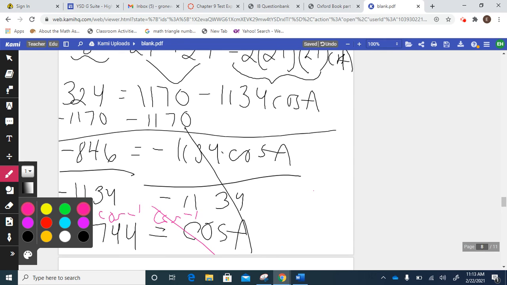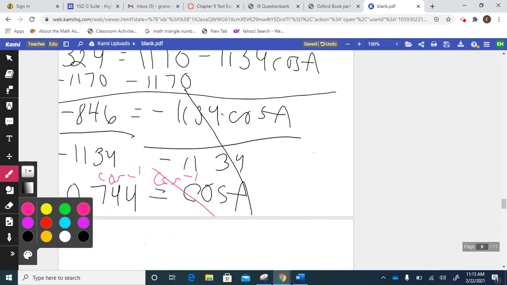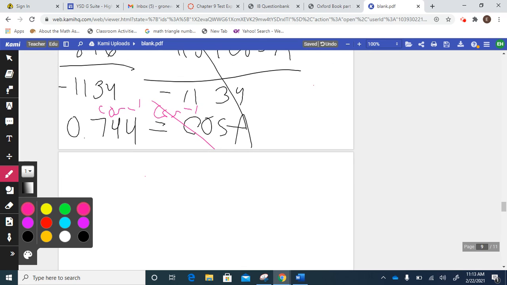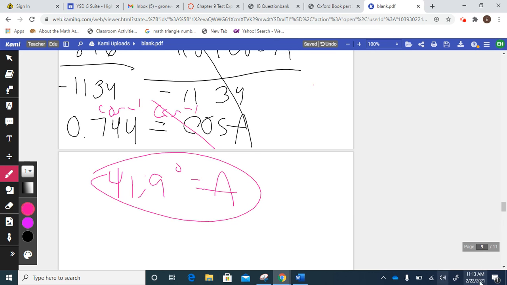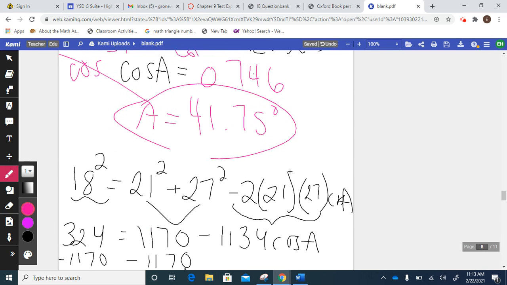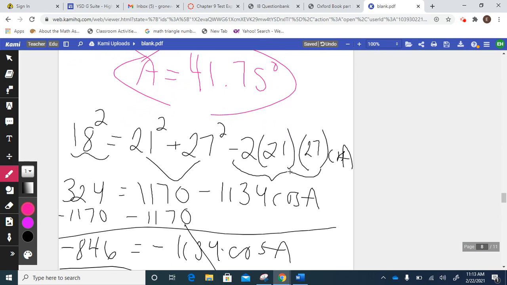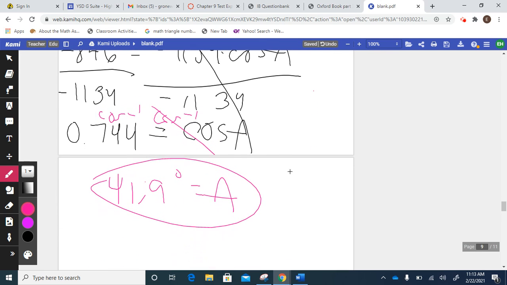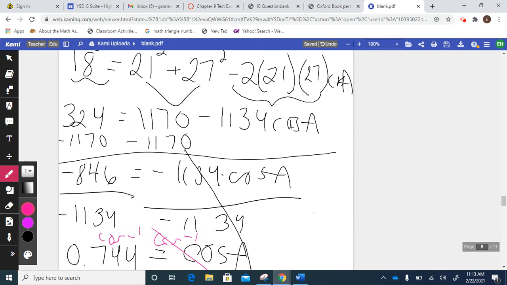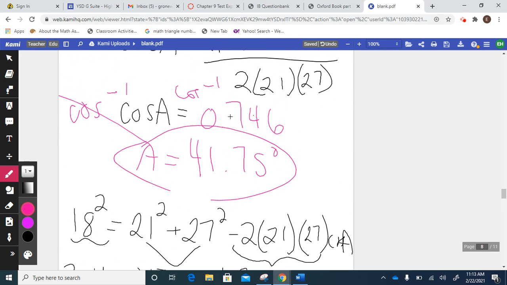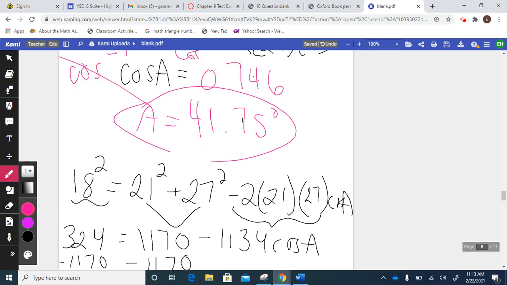If I do that, we get 41.9 degrees. Let's scroll back to the top and see if that was what we got for part one. 41.75. So it's a little bit less rounded, and that's because I think I rounded this part of the equation a little bit too much.